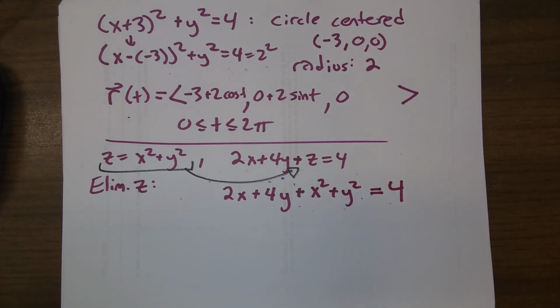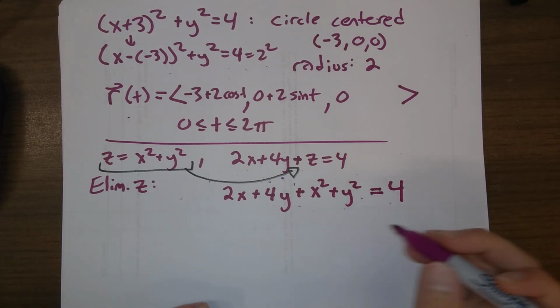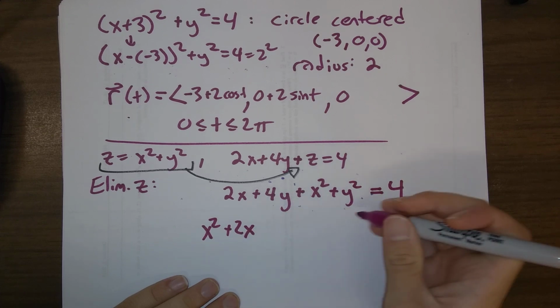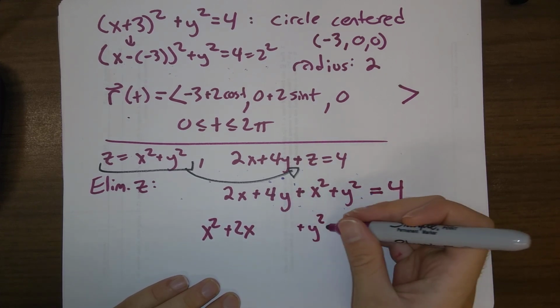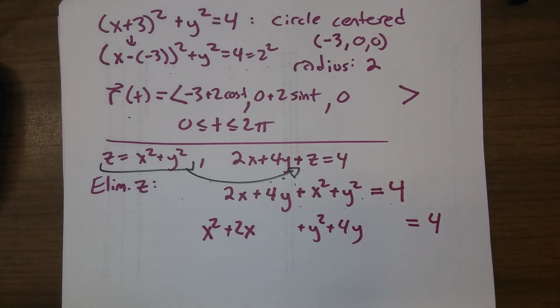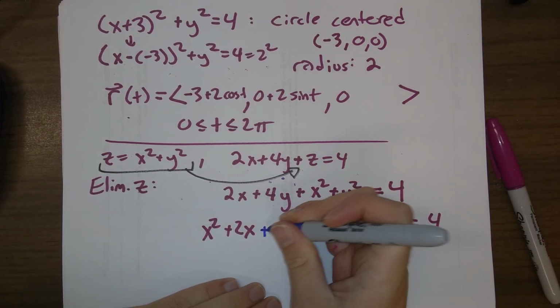And if we manipulate this a little bit, I think, so x squared plus 2x, y squared plus 4y is equal to 4. This looks roughly like an equation of a circle. We just complete the square.